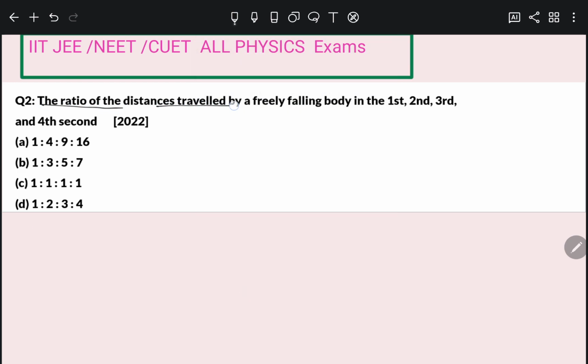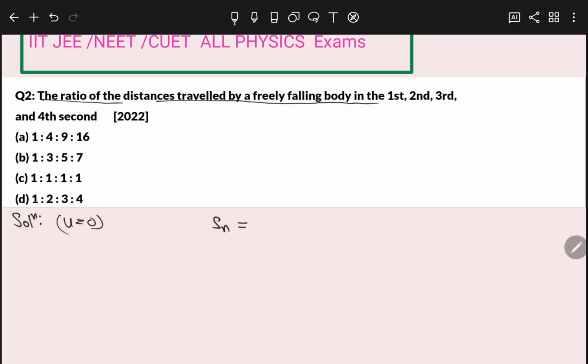The ratio of the distance traveled by a freely falling body. Freely falling body means its initial speed is 0, right? Initial speed is 0, and they are asking the ratio of the distance traveled in the first, second, third and fourth second. As we know, for the nth second we have a formula: S_nth is equal to u plus a by 2 times (2n minus 1).